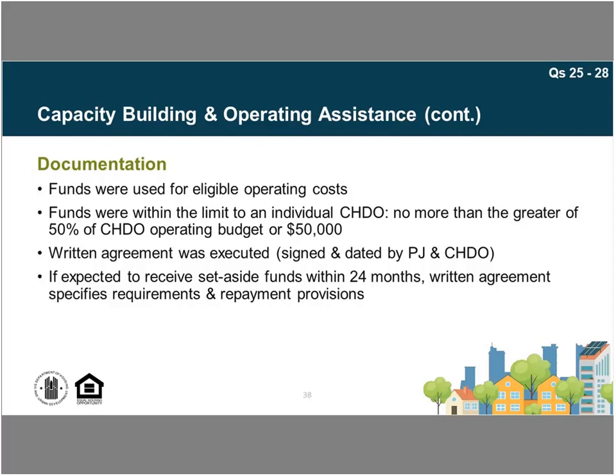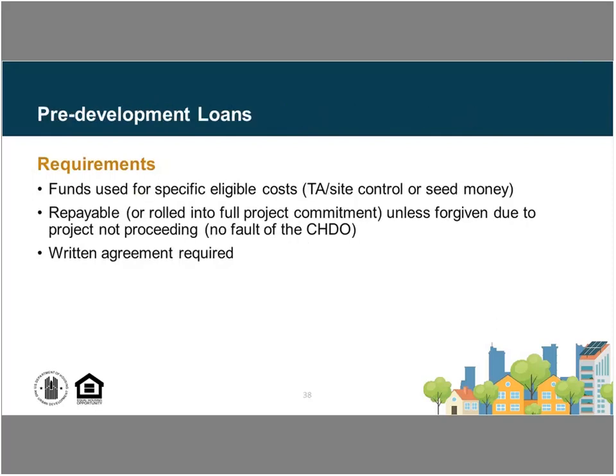So the language within that written agreement would call out that expectation: that with these funds, you are actively working on putting together a project, and that we, as the PJ, are going to be reviewing that in the next year or so. We've got a 24-month window, and that would need to be called out within the written agreement.